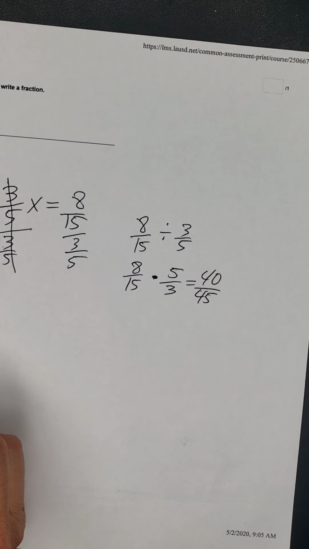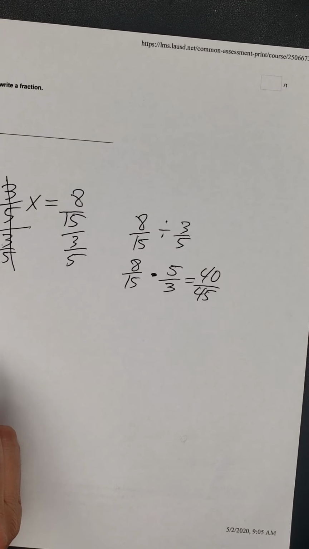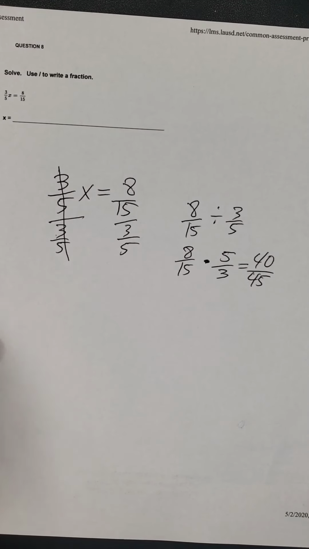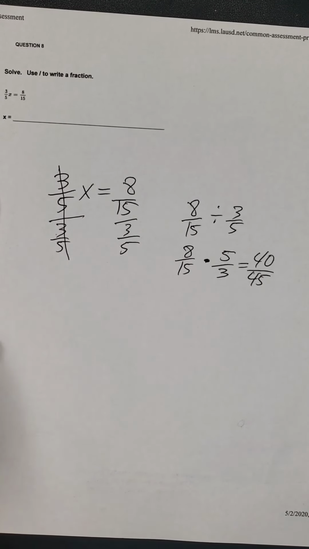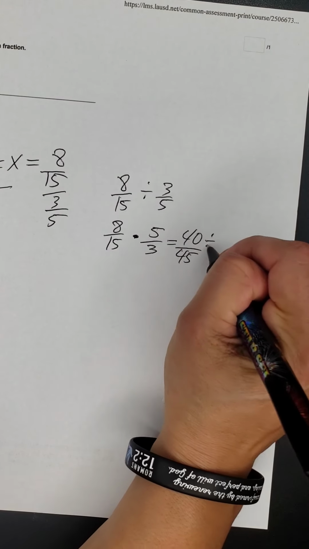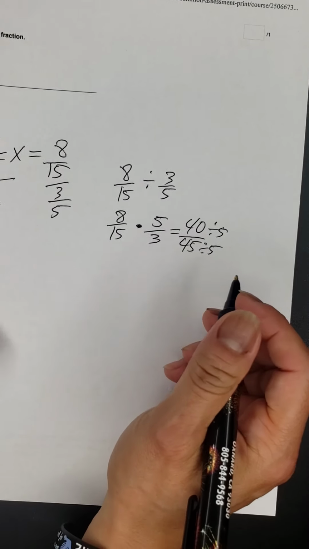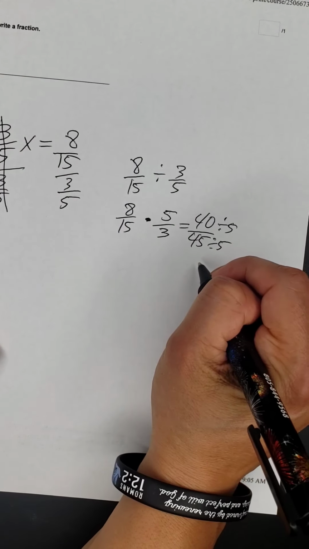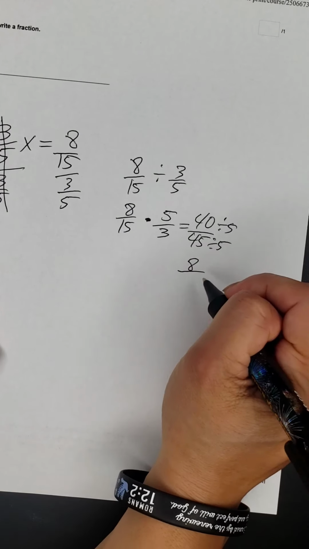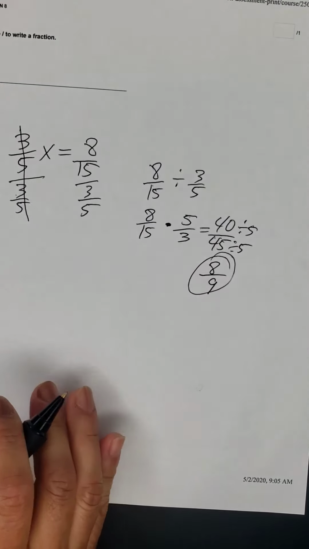I saw someone write this as their answer, but remember, fractions have to be simplified, so you can't leave that as your final answer. 5 goes into both 40 and 45. So you have to show me dividing them both by 5. 40 divided by 5 is 8. 45 divided by 5 is 9. So the answer is 8/9.